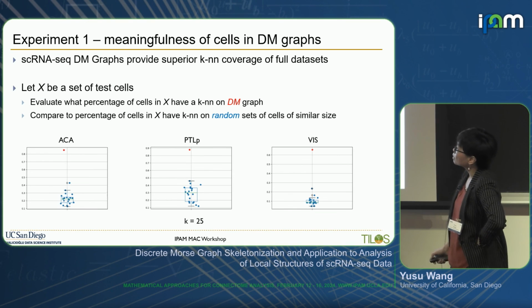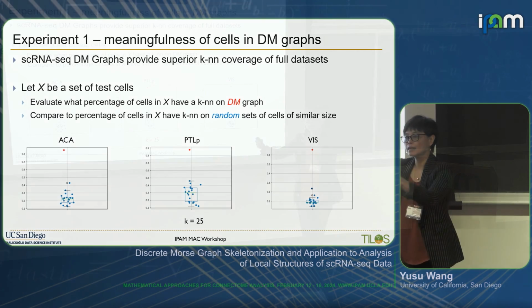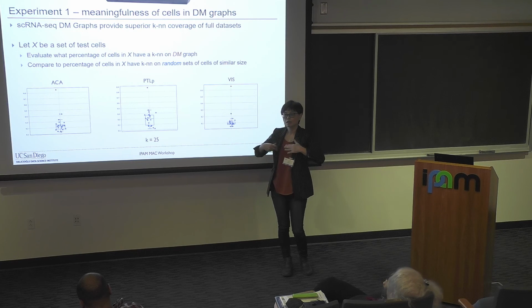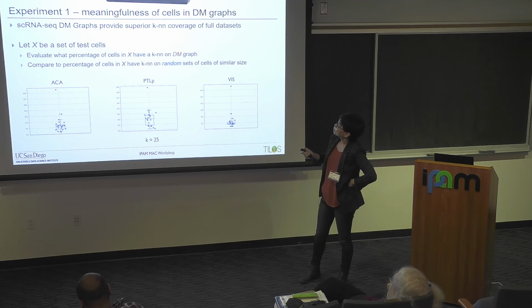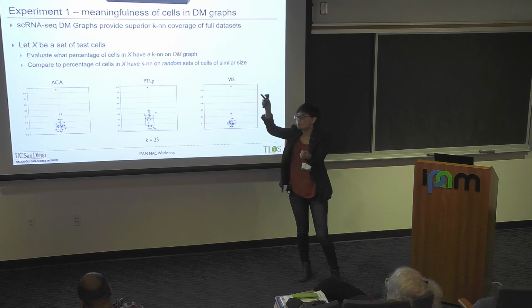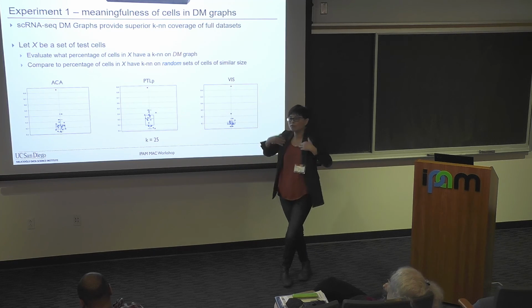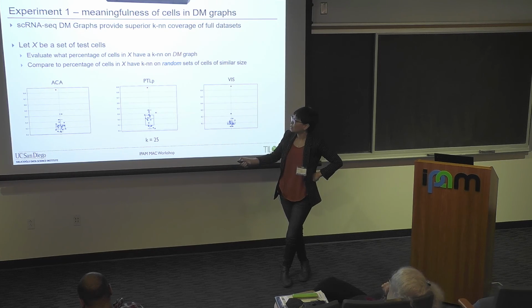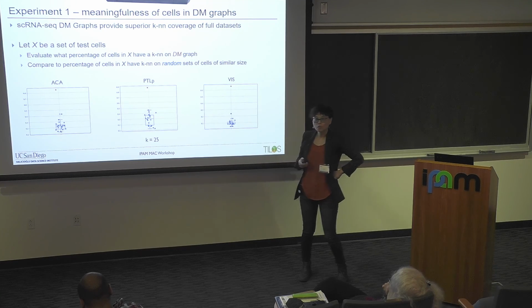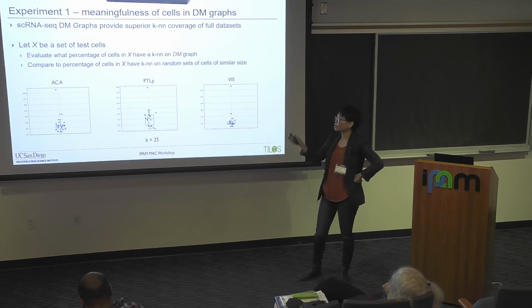So what we're showing here is that if you look at the data in that collection and look at the so-called KNN coverage, namely, I look at the KNN of any cell. If one of the k-nearest neighbors is in my graph skeleton, I consider that my graph skeleton captured that data. Okay? So this red dot is this KNN coverage using the discrete Morse graph, which I didn't put a number.